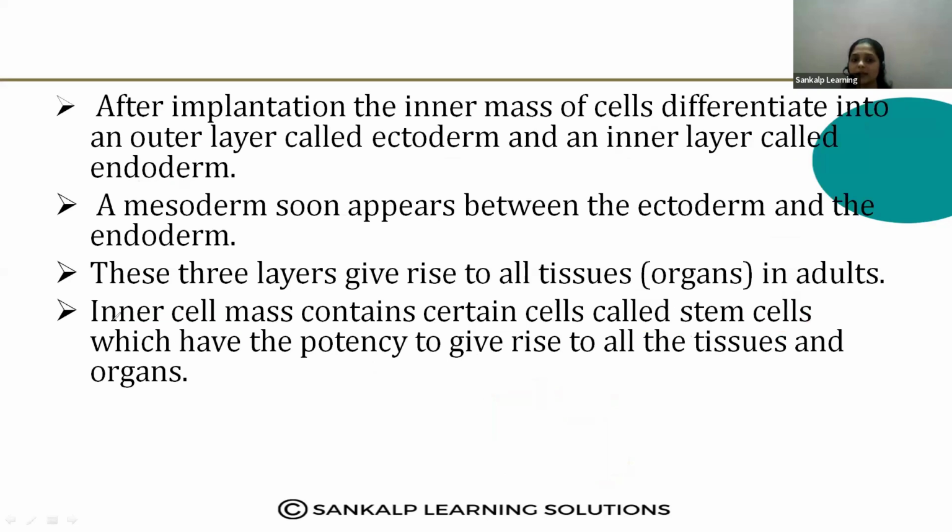The question will be like this: which cell of the inner cell mass has the ability to develop into all tissues and organs? That is stem cells. Note down this point. Stem cells. Very important.